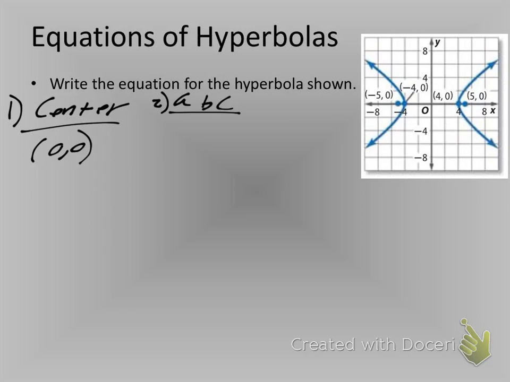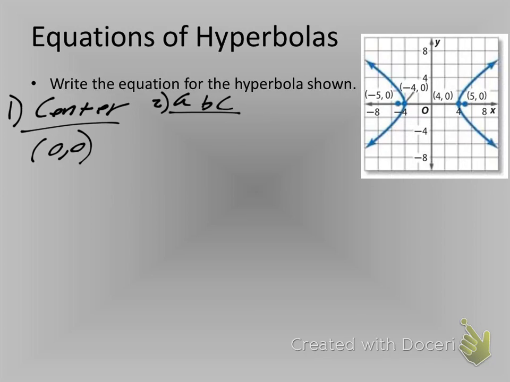A is the distance between vertex and center, which is also known as half the length of your transverse axis, a new word. Transverse is vertex to vertex, which is 2a, from the slide before, yes?